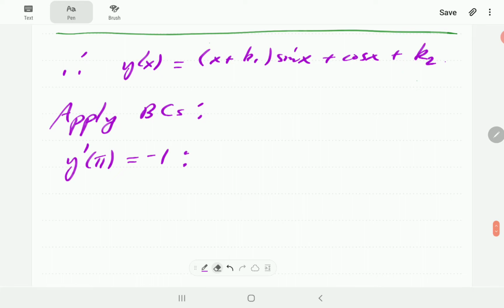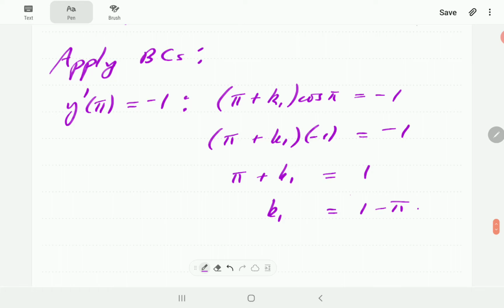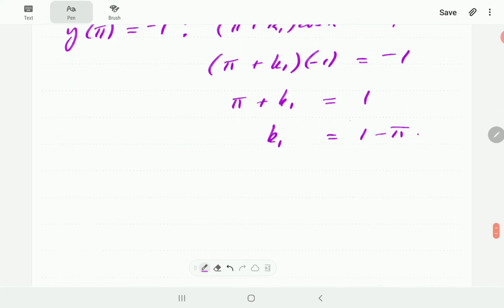So we're going to have pi plus k1 times cosine pi, which is -1. Cosine pi is -1, so this is 1 times pi plus k1 times -1 is -1. So that means pi plus k1 is 1. So k1 is 1 minus pi. So that's the first one.